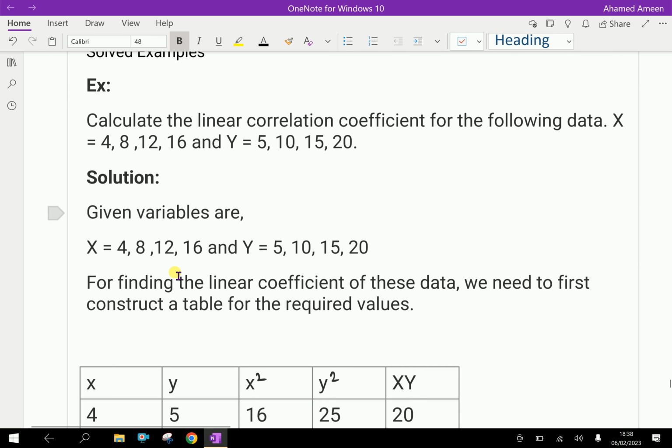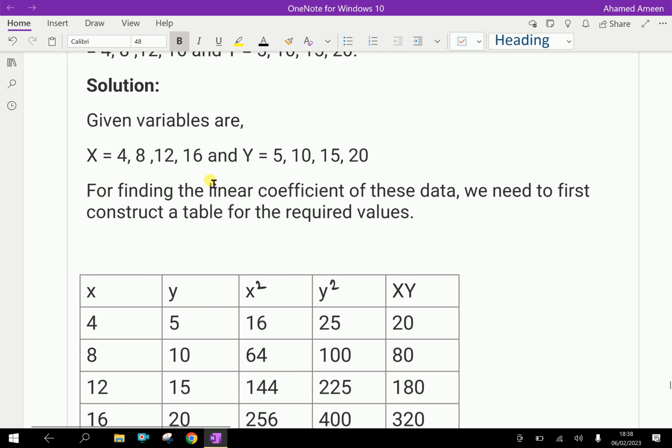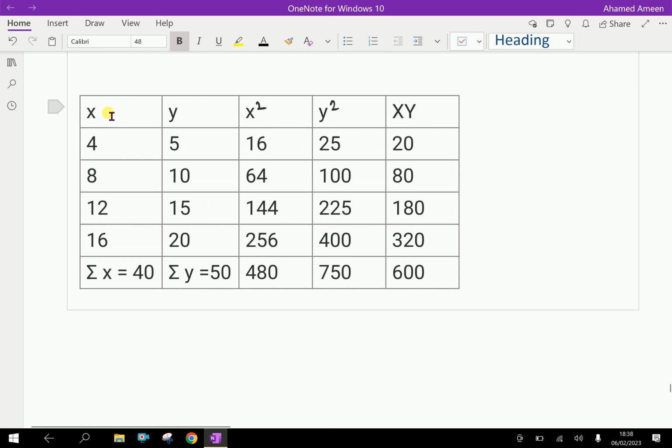Given that, first we have to write the x variables and y variables and make a table like here. We write the x column and add them: this is sigma x, which is 40. Adding the y column, sigma y is 50.